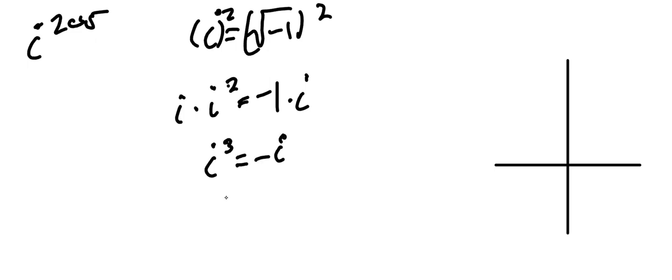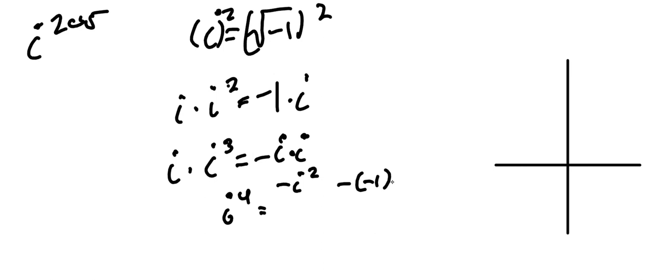And let's multiply by i on both sides. This means that i to the fourth is equal to, well, we have -i squared. i squared is -1 though, so -1 times -1 is equal to 1. So i to the fourth equals 1.